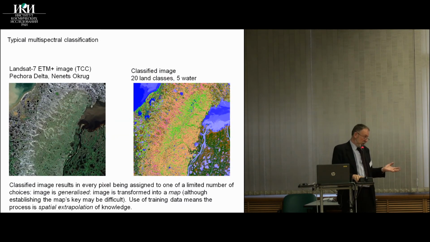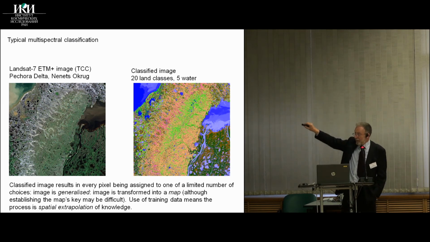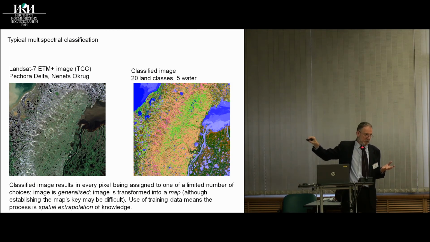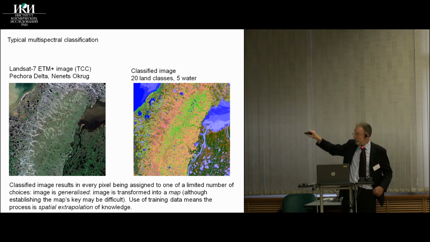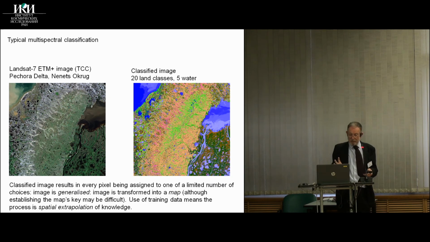So a typical multispectral classification, probably most people in the room have done this. Here we have a true color infrared image, and of course we have some other spectral channels of data that we're not seeing in this image. Here we have a typical classified image. So the image has been processed using the principles of multispectral classification to generalize it.